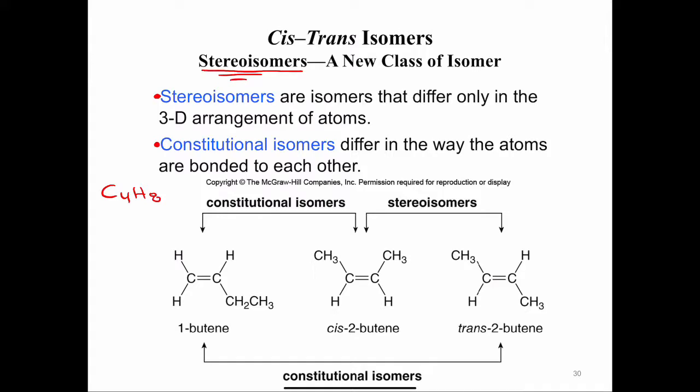And you can see that cis-2-butene and trans-2-butene, not only do we call them geometric isomers, but we can call them stereoisomers because they differ only in the three-dimensional arrangement of atoms, or the way the atoms are arranged in space. Again, the molecules cis-2-butene and trans-2-butene are both connected in the same way. It's just the orientation or the relation of the atoms in space that makes these two compounds different.